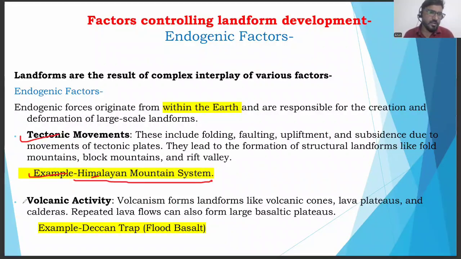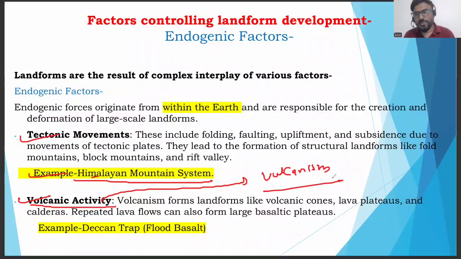Coming to the second factor, the volcanic activity, which is related to the phenomenon of volcanism. Volcanism is also an offshoot of tectonic movements.